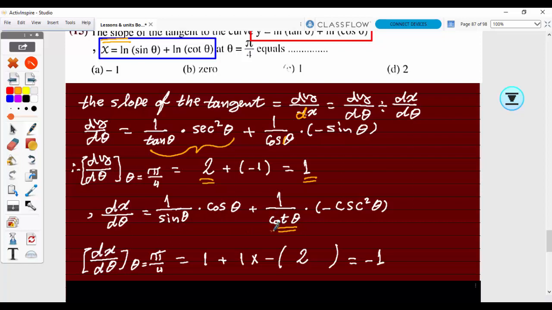You can use your calculator. Multiply negative cosec² 45. Here you substitute θ equals 45, and the final result will be negative 1.